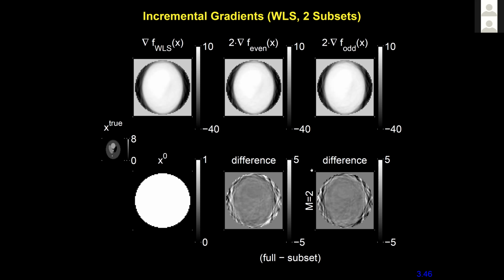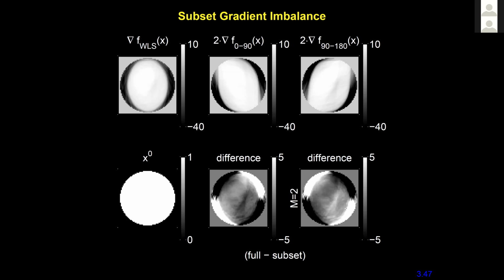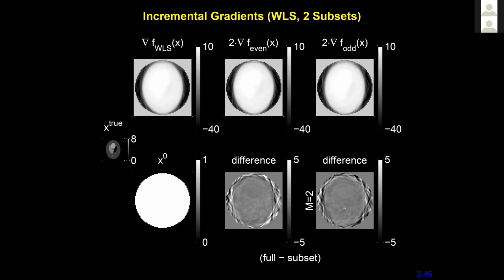For example, here shows the true gradient of this Poisson log-likelihood. And if you just look at the even number projections and odd number projections, and you calculate the gradient, the gradients give you some difference. If you do it this way, your subsets are chosen in an even way, right?